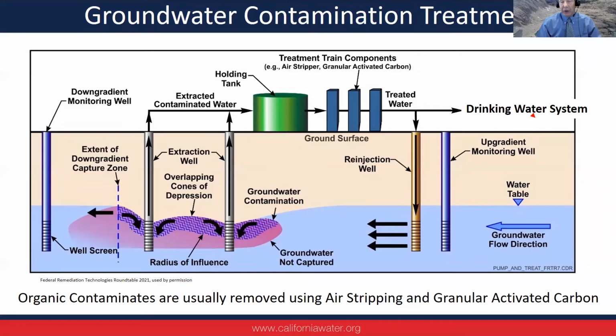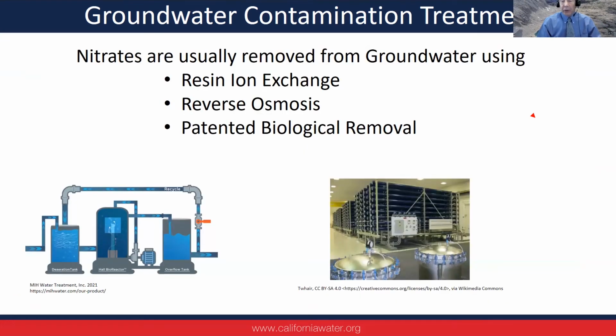Then it's sent through what we call GAC, or granulated activated carbon, which is a carbon material that has an affinity for these volatile organic compounds and organophosphates, and they get adsorbed to the surfaces of the granulated activated carbon and remain there, which pulls them out of the water. It's then treated and sent on to either a drinking water system or, in some cases, re-injected back into the ground.